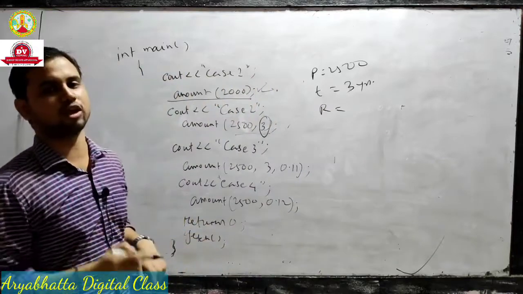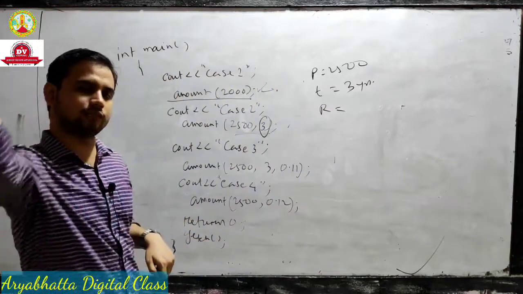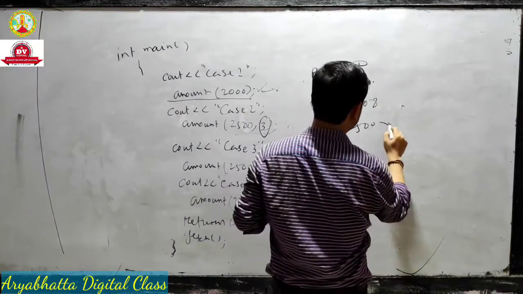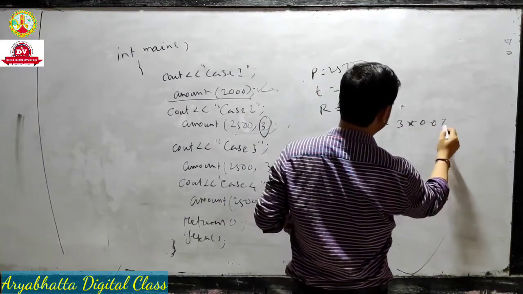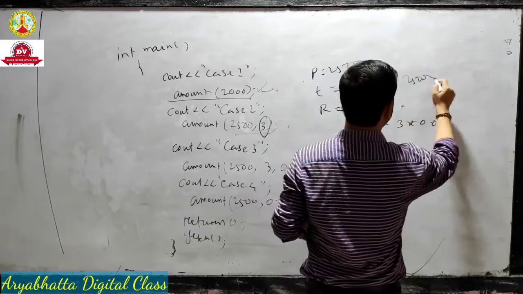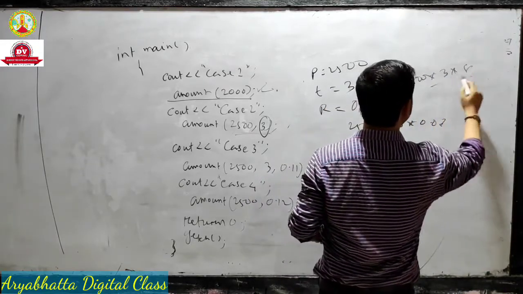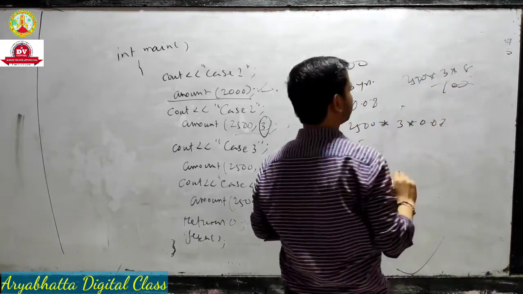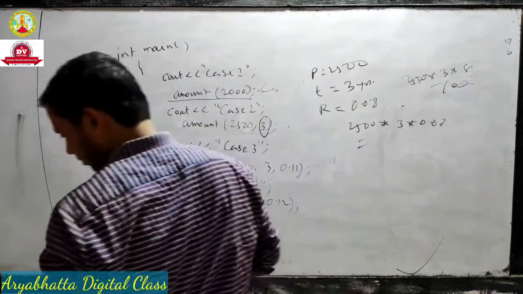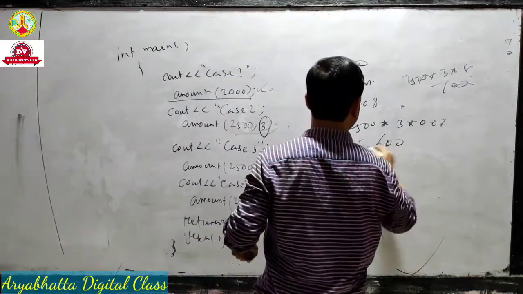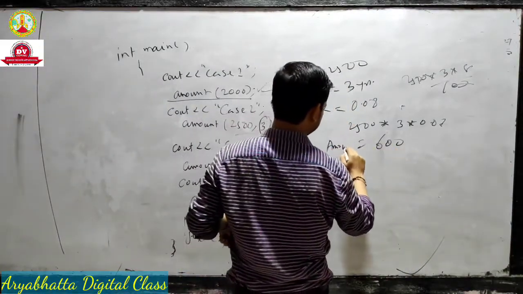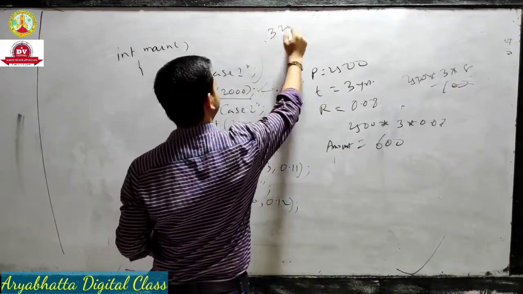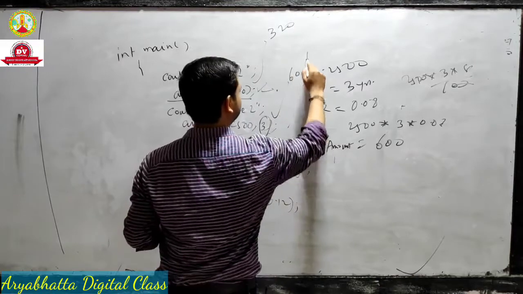Rate is the default argument, so in rate we take the default value 0.08. So 3 into 8 by 100 means 600. For case 2 the interest amount is 600. Let me write down: case 1 interest amount is 320, case 2 interest amount is 600.